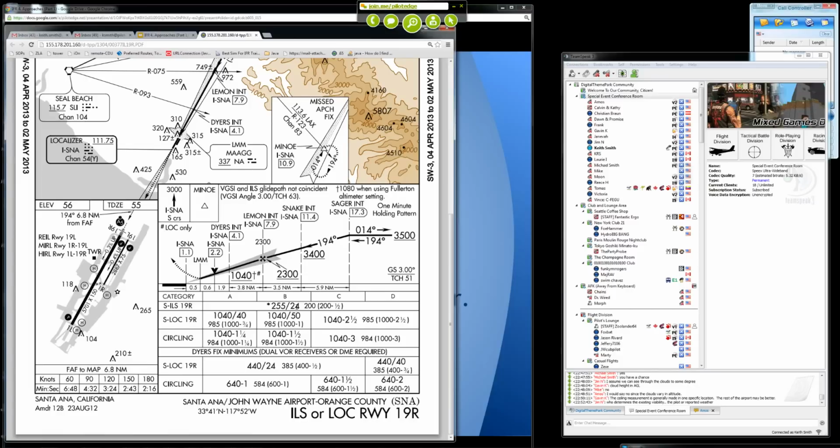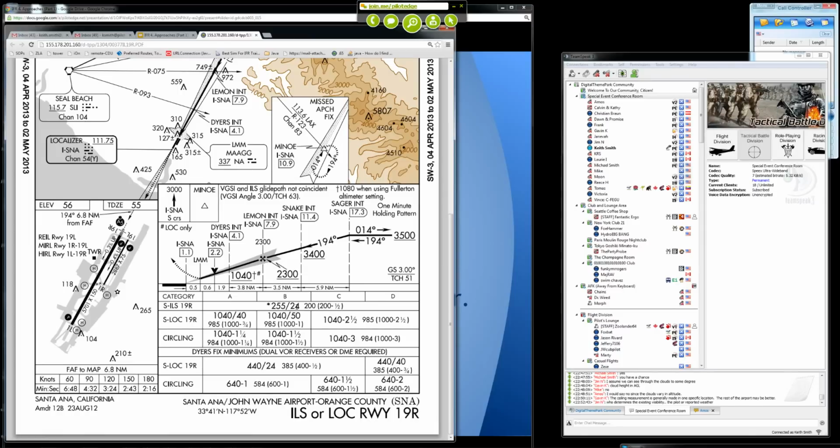They didn't want to hear that it was below minimums, because the minute it gets announced that it's below minimums, they can no longer shoot the approach. So it's very important for 135 and 121 operators. It's legally binding. They can't even commence the approach if it's below the minimums.